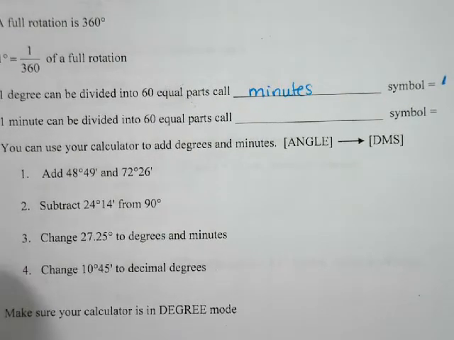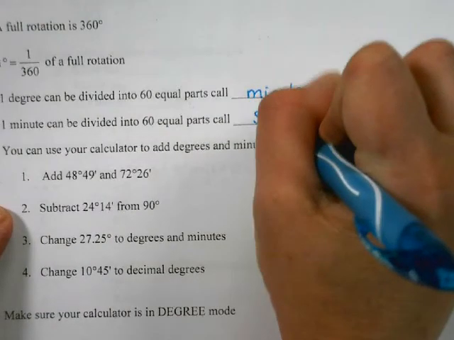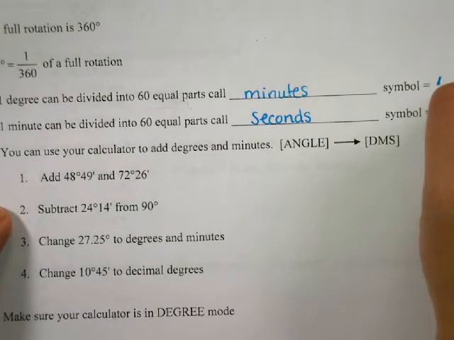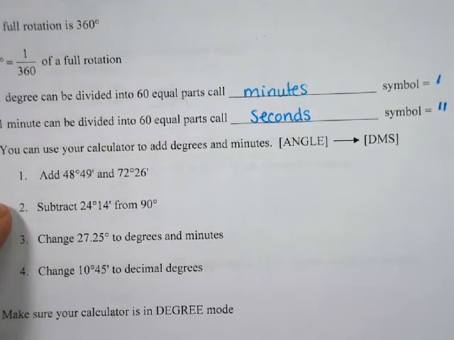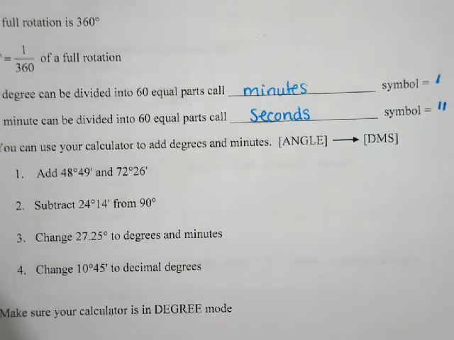Then I can take 1 minute and divide it into 60 equal parts. What do you think it's called? Seconds. Right? You're like, oh, predictable. That's why I think about a clock too. So its symbol is then two little apostrophes. Yeah, like quotation marks, if you will.